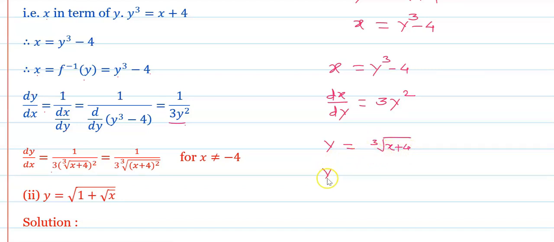What we want to find out? Y square पाहिजे आपल्याला. Therefore, I will write here y square means what? This is the cubic root of x plus 4 and its bracket square. Okay. And hence 1 upon 3 cubic root of x plus 4 bracket square for x is not equal to 4. Okay. And this is the answer.